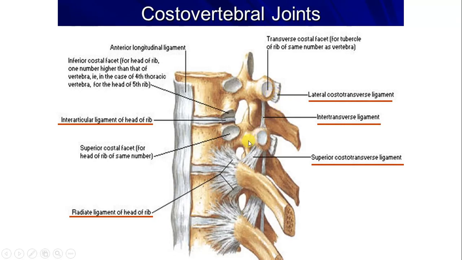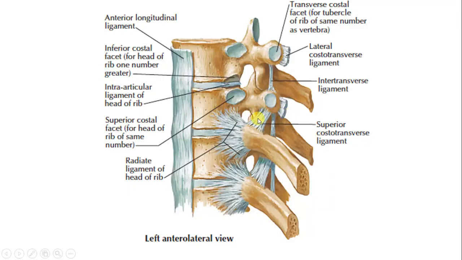This ligament, the costotransverse ligament or radiate ligament, here you can see the attachment of the fibers. Here are the fibers which attach with the disc. These are the costal facets for the articulation of the tubercle of the rib, and these are the facets for the articulation of the head of the rib.